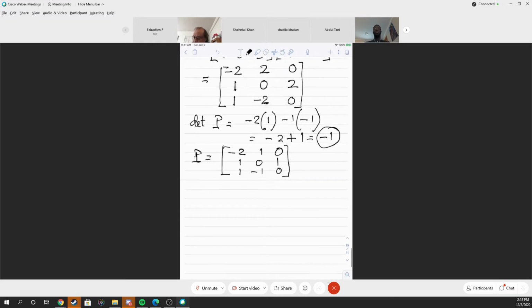The way we do it: plus minus plus minus plus minus plus minus plus, matrix of cofactors. Minus 1.